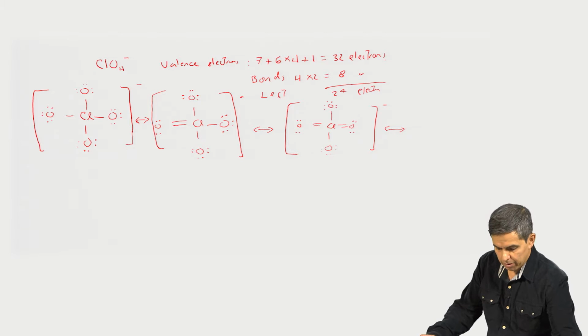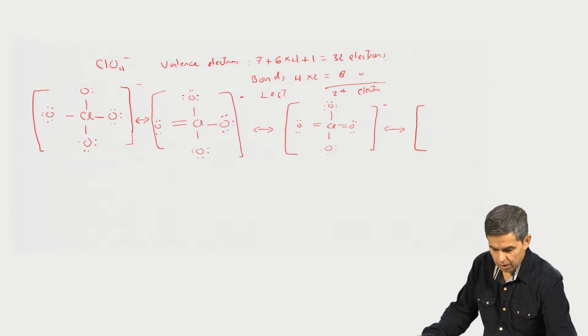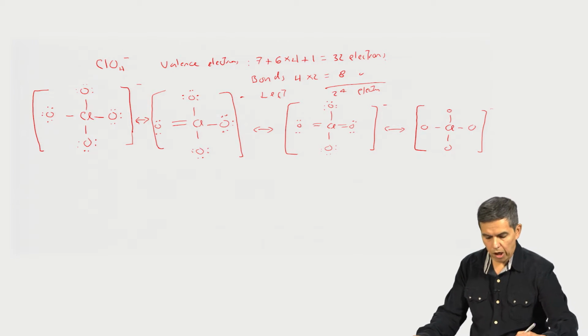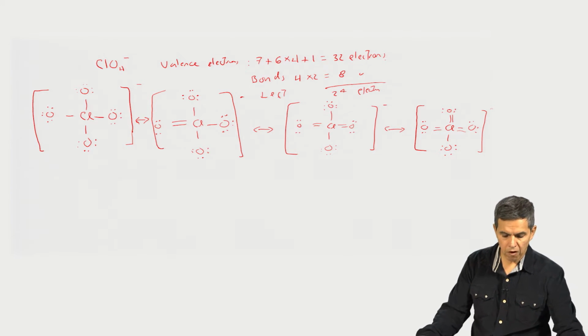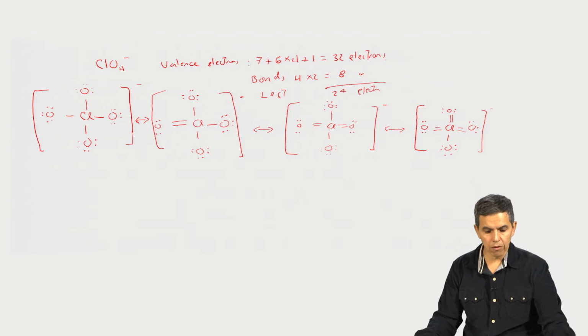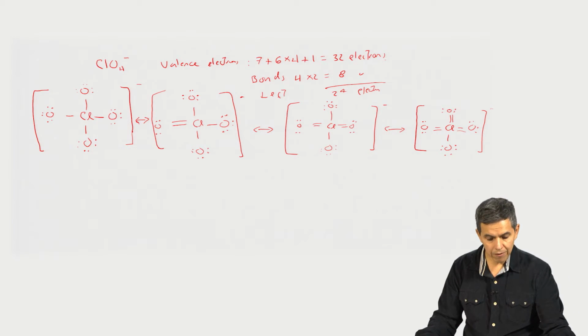And there is a fourth possibility, in which we are going to have 3 double bonds. You may confirm that in each of these cases we still have the 24 electrons added after the first 4 single bonds.